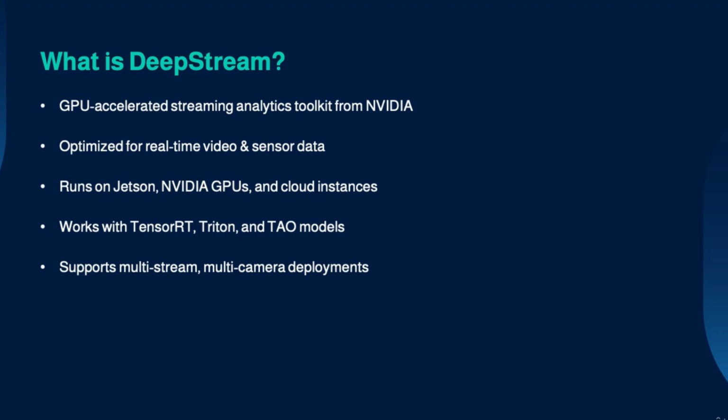You can run it on Jetson edge devices, NVIDIA desktop GPUs, or cloud GPU instances. DeepStream integrates natively with TensorRT and Triton, so you can deploy optimized models from TAO or ONNX without rewriting your pipeline. It's also designed for multi-stream scenarios. Think dozens or even hundreds of camera feeds in parallel.